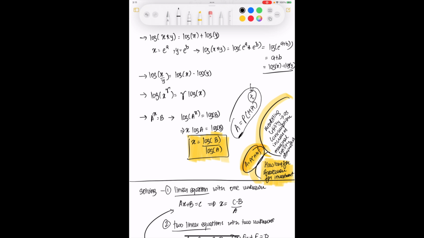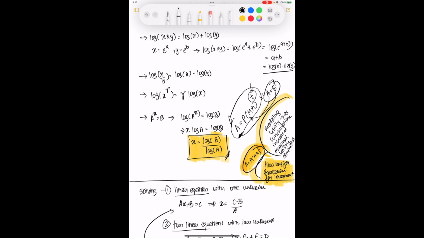T is an exponent. So this is the same as a raised to t equals b in some sense, or maybe let's rename this to be a equals b raised to t in some form, where a is a and b is 1 plus r. So if we're given this, we should be able to solve for t by using this equation.